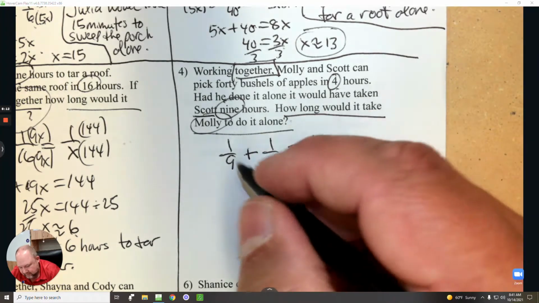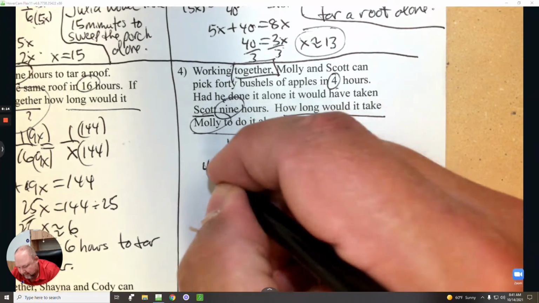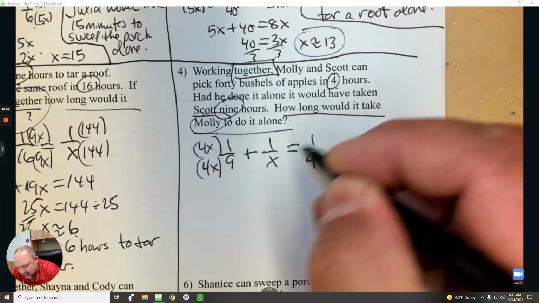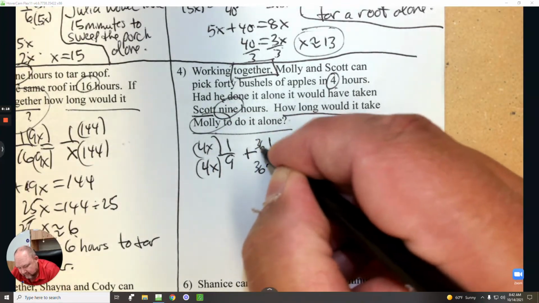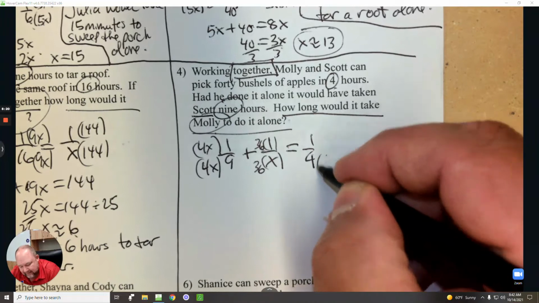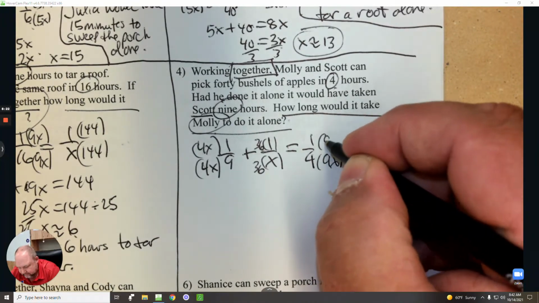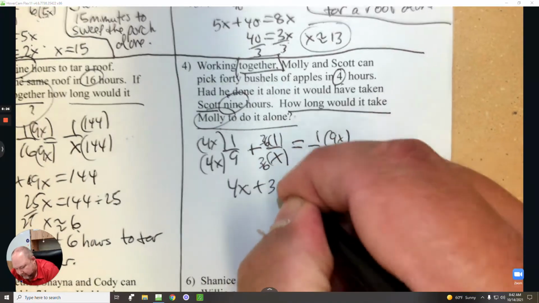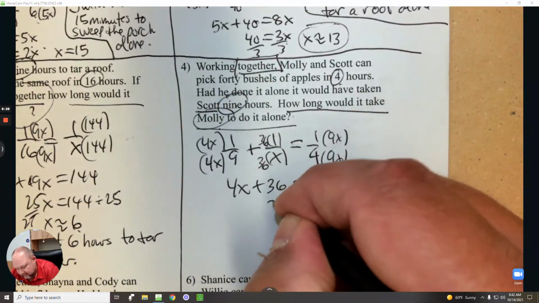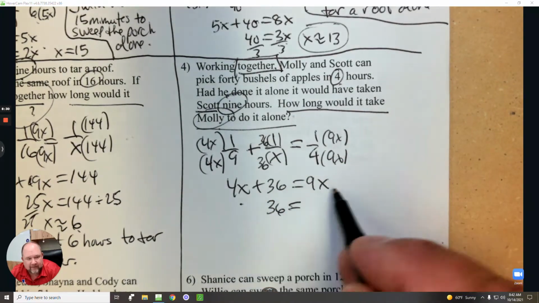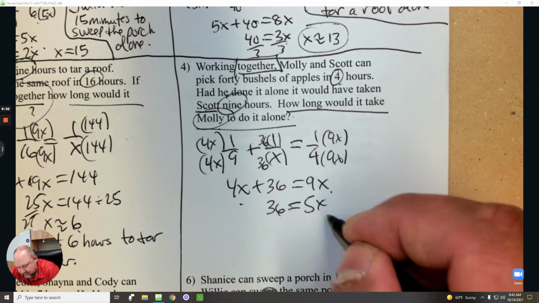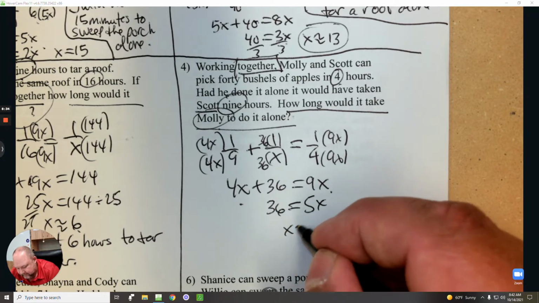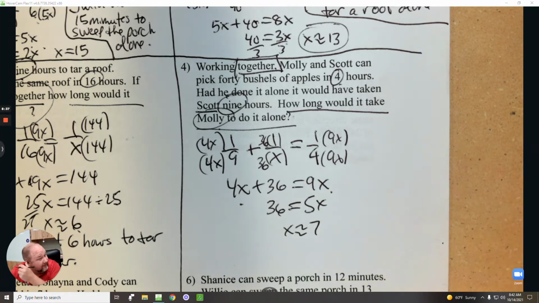36 is the common denominator, so I need to multiply by 4x. I need to multiply by 36. And I need to multiply by 9x. So just the numerators, 4x plus 36 equals 9x. Subtract 4x, that's 5x. Divide by 5, and the answer is about 7.